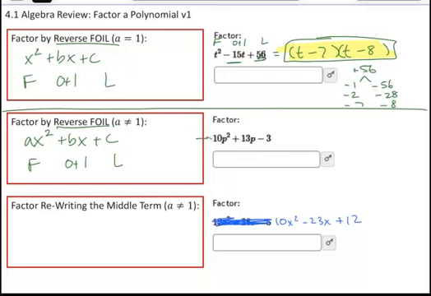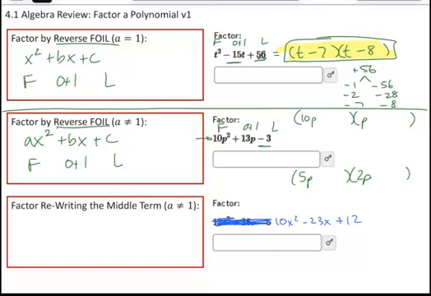So if we look at this problem right here, and we approach it using trial and error, reverse FOILing, the 2 possible values that you can multiply together to give you 10p squared would be 10p and p, but also 5p and 2p, right? Those are the 2 possible things that when you FOIL it, would give you a first term of 10p squared.